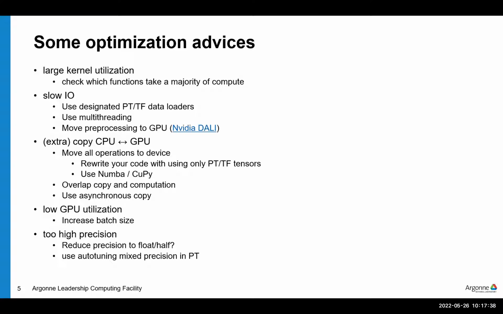So it could be reasonable to reduce precision to float or maybe even to half. There are special tuning techniques in PyTorch and TensorFlow. You can easily do it, such that just reducing the precision of your problem will increase performance, maybe twice sometimes.